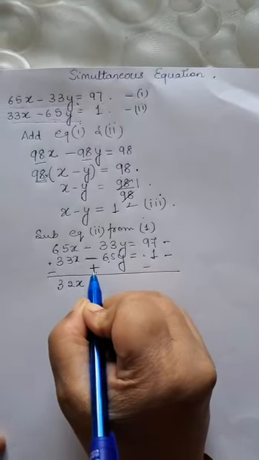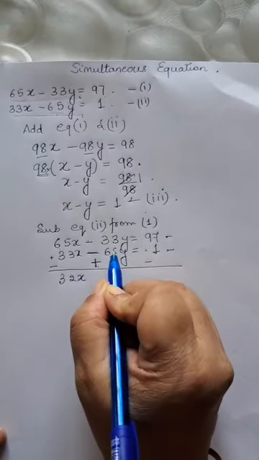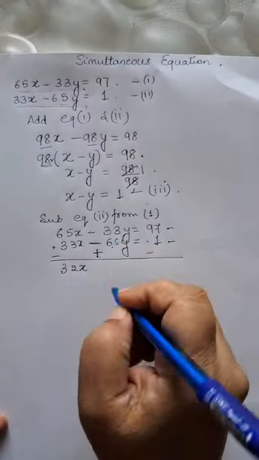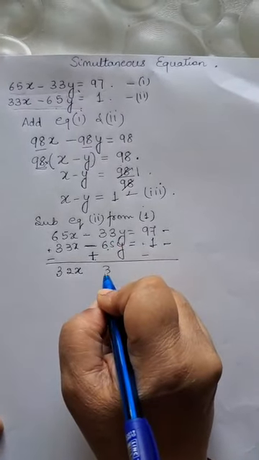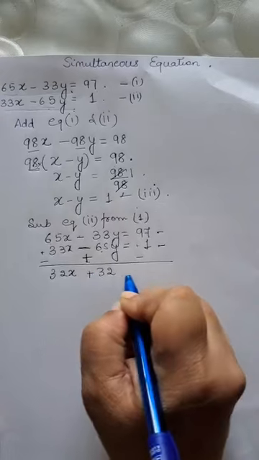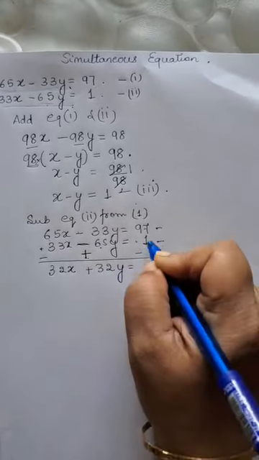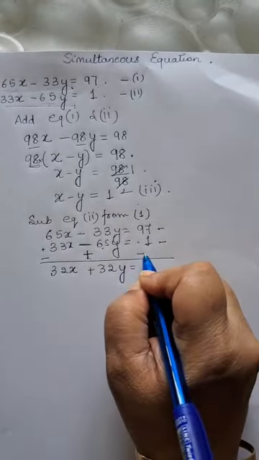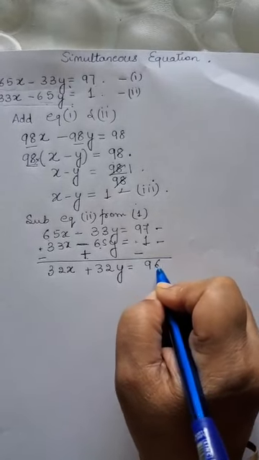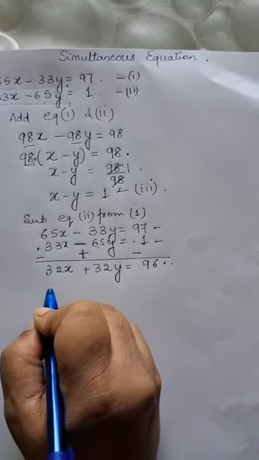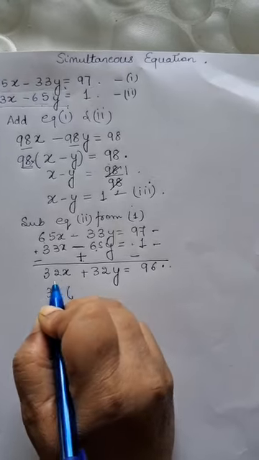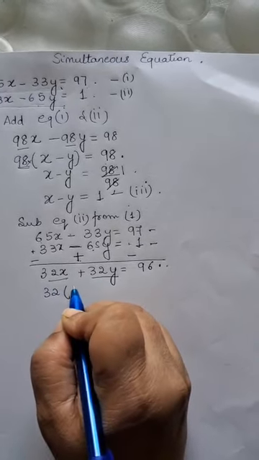So plus minus minus, we know that 65 minus 33 will also become 32 with a plus sign, 32y, and 97 minus, this is minus 1, so this will become 96.